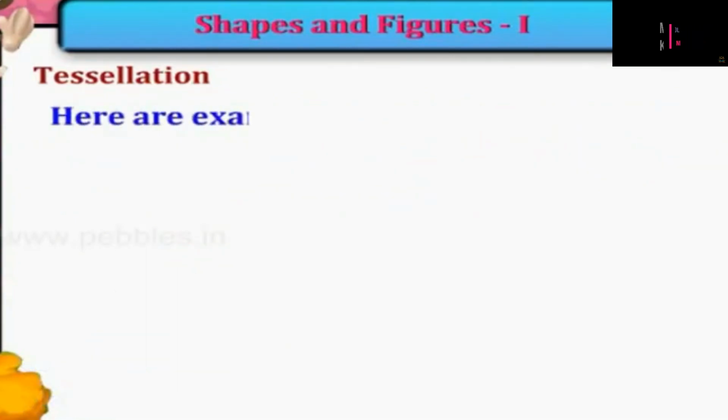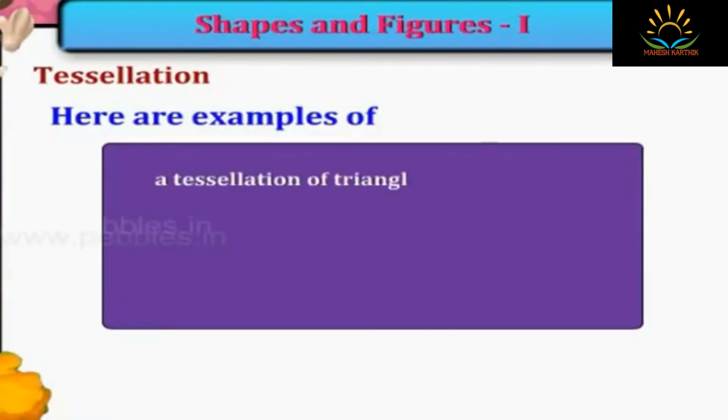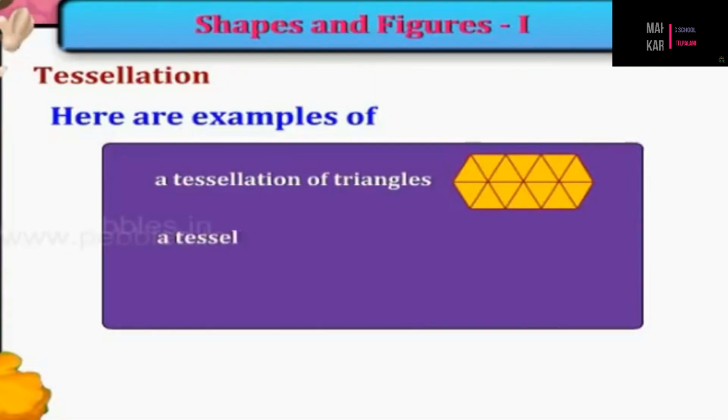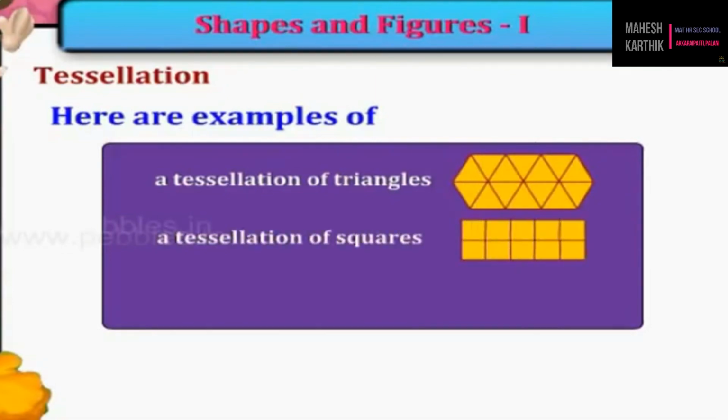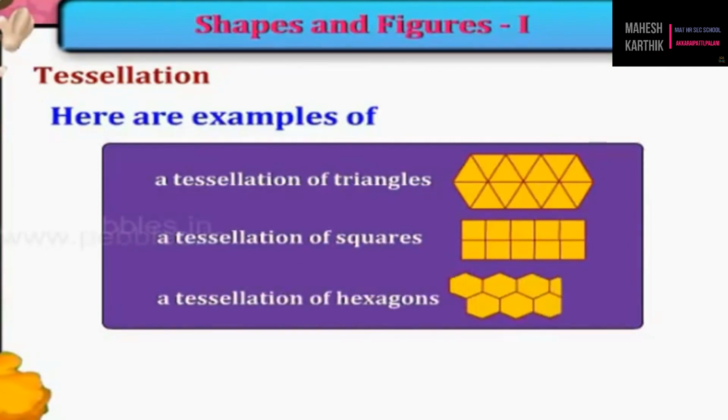Here are examples of a tessellation of triangles, a tessellation of squares, a tessellation of hexagons.